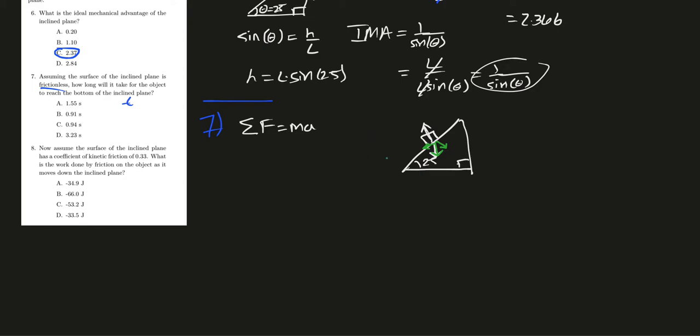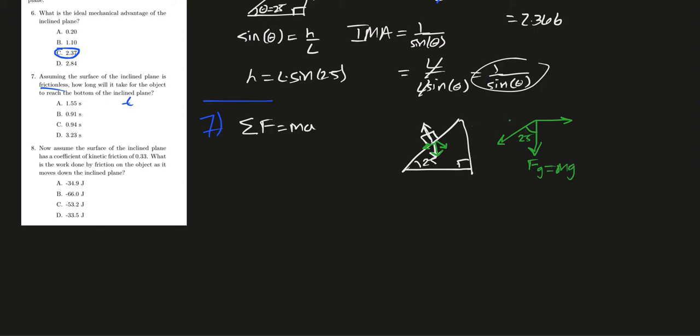And so if you can see here, I'll just make this a little bigger. This value is theta or 25, and by some trigonometry you can figure out that this is the actual force of gravity, this one right here, and it points straight down, and that's equal to mg.